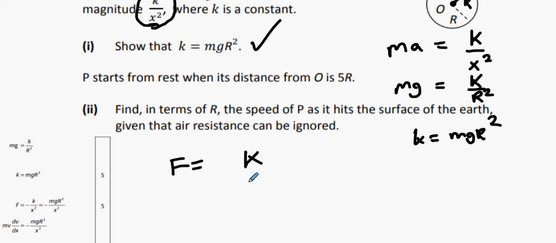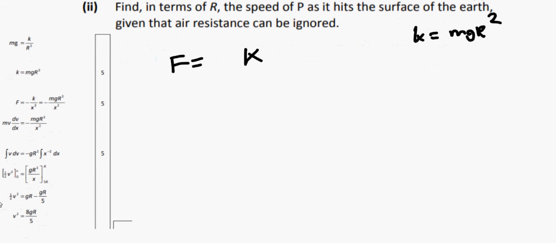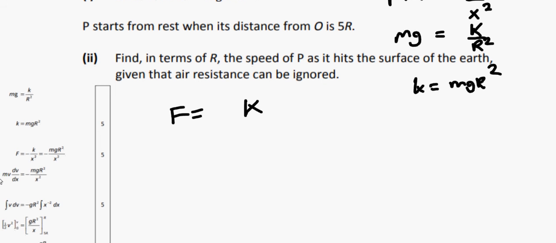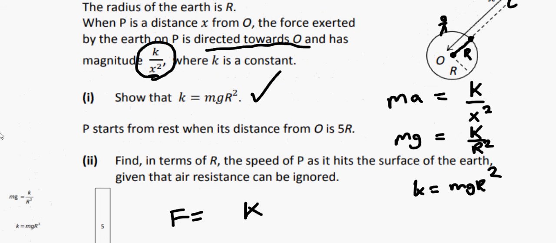they used minus, do you see that? 5r and r. And then the minus disappears. No, it doesn't disappear. Why did they use negative? Think.